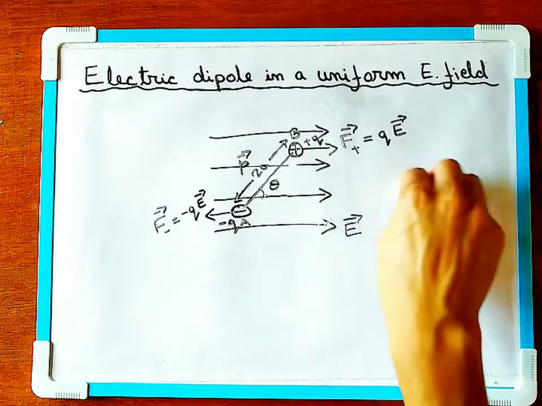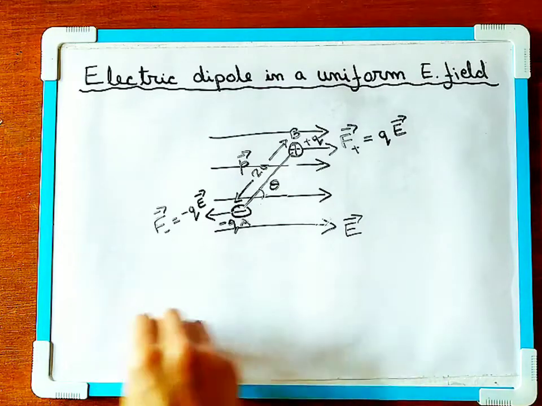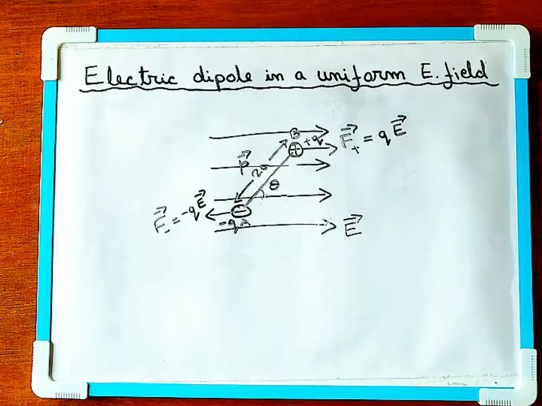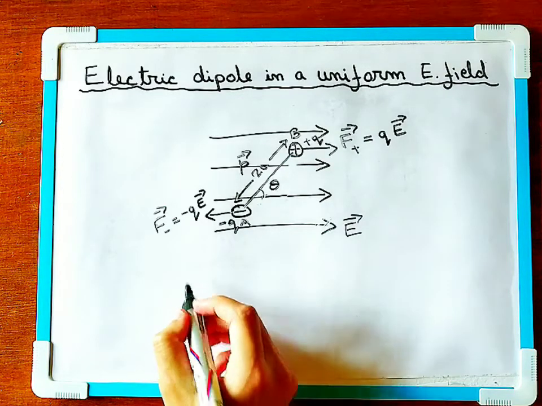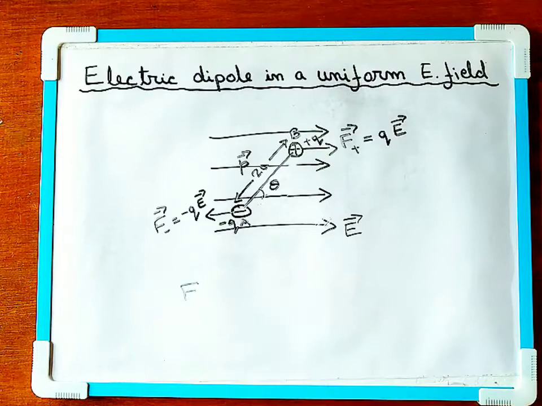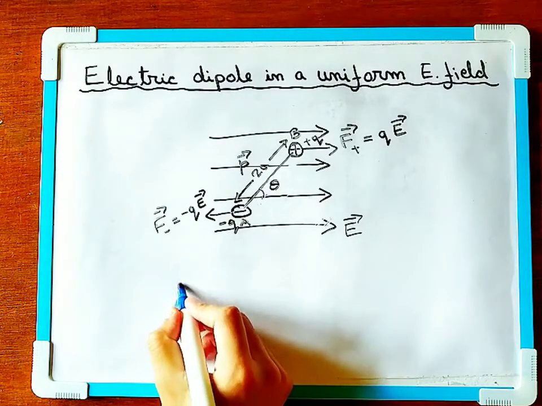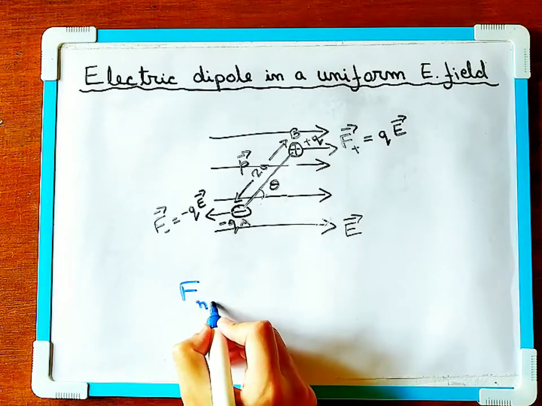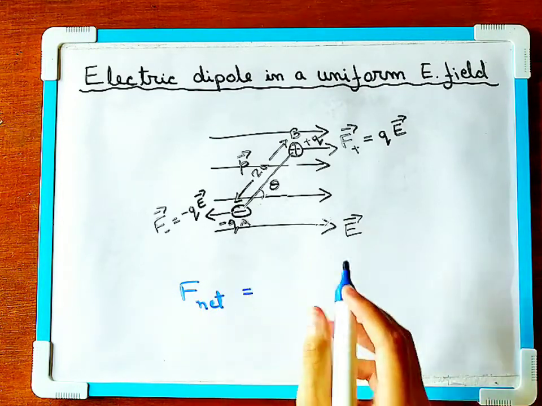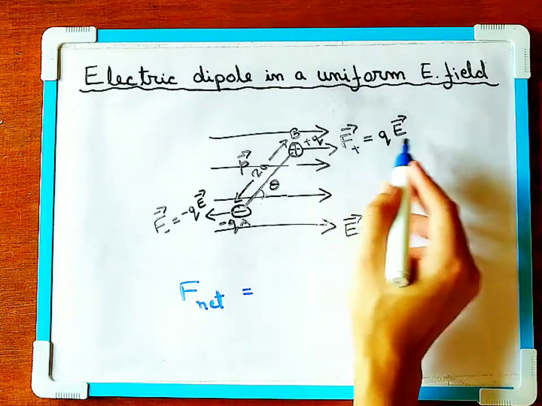Hence, if we take the net force between them, it will be equal to 0, because they are equal in magnitude and opposite in direction. The net force will be equal to 0. So this electric dipole will not experience any net force. Here the net force, F net, will be equal to 0, because we have one as this one, QE.